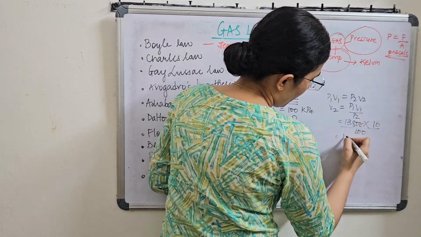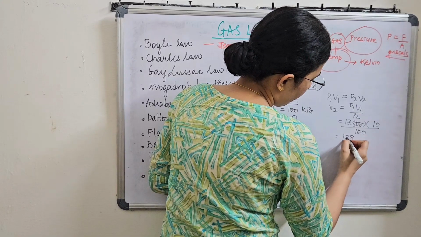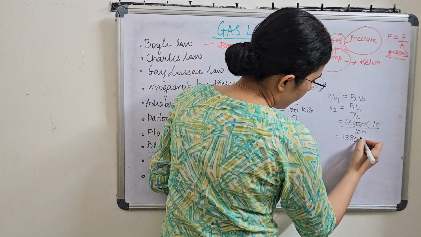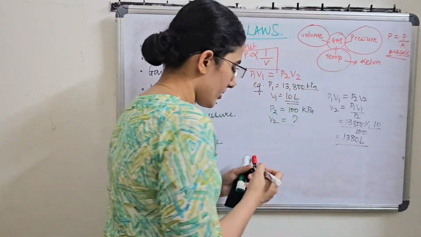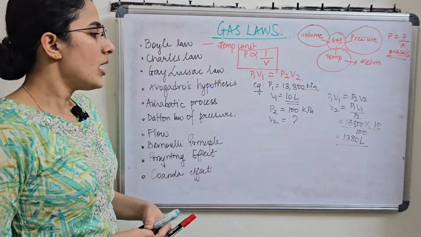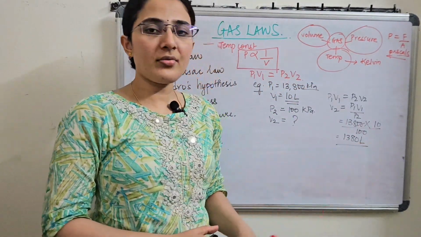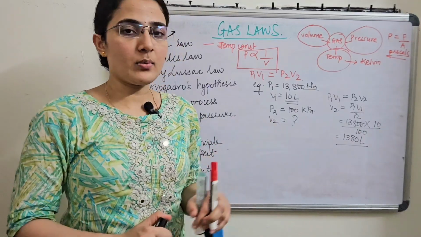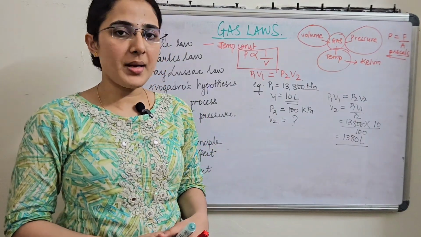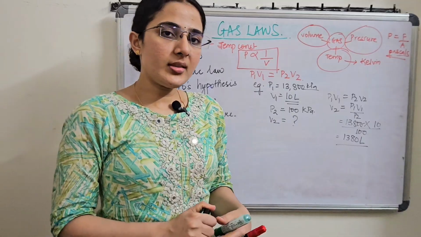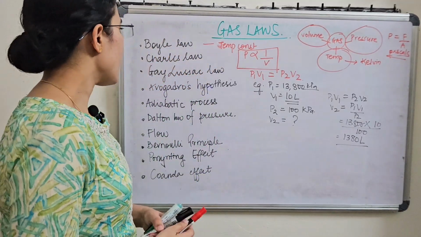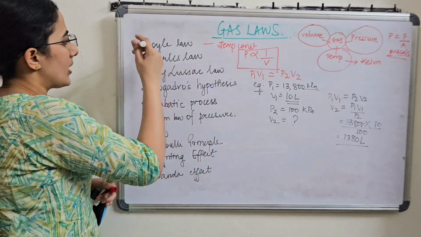This comes out to be 1380 liters. So this will be the volume of the cylinder at 1 atmospheric pressure or 100 kilopascals. So this is Boyle's law, and we finished up with Boyle's law.